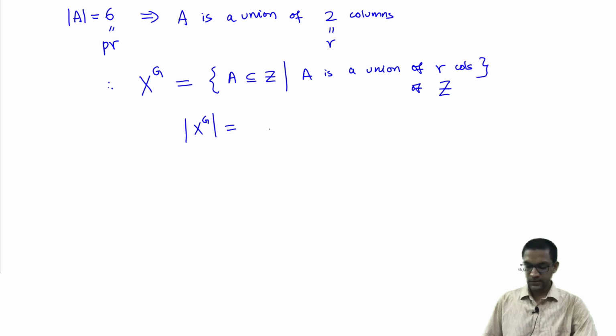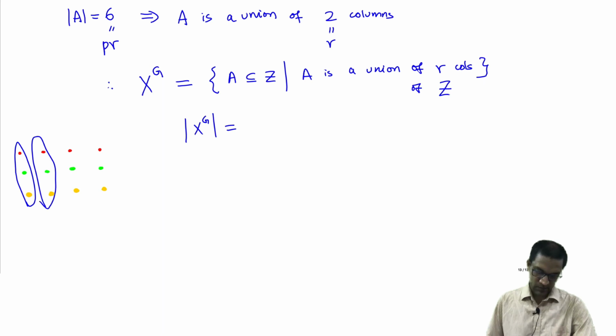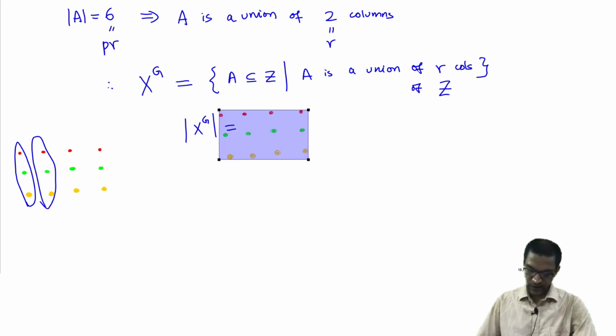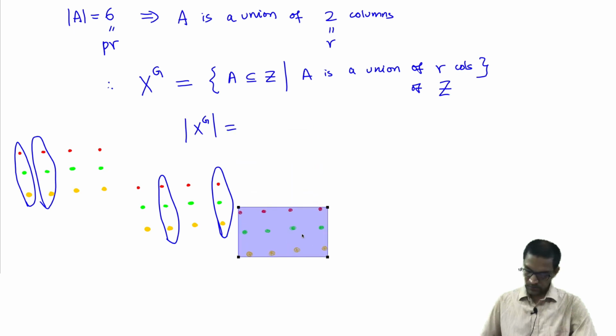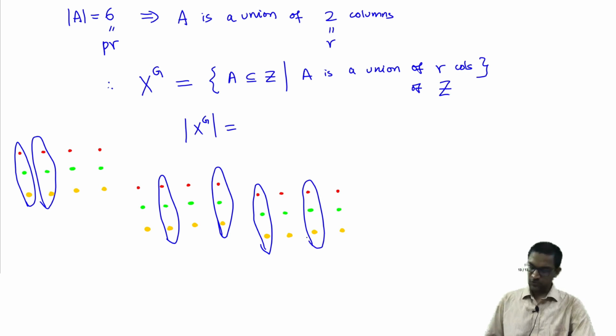In general, the grid has, here for example, 4 columns. So what are all the various possibilities for A? It can be a union of the first 2 columns, for example, or the union of this and this, or the union of, say, this column and the third column, and so on and so forth.